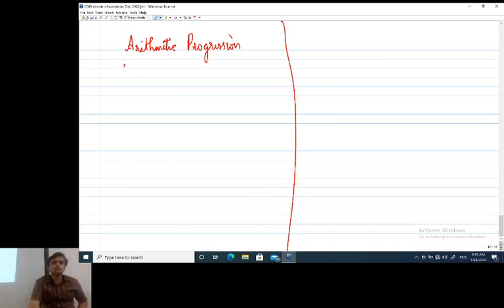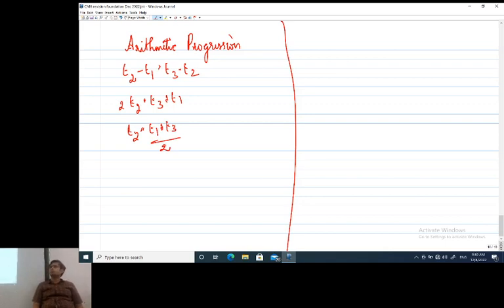Or in other words, T2 minus T1 equals T3 minus T2, or 2T2 is equal to T3 plus T1, so T2 equals T1 plus T3 by 2. Here this is called the common difference D.